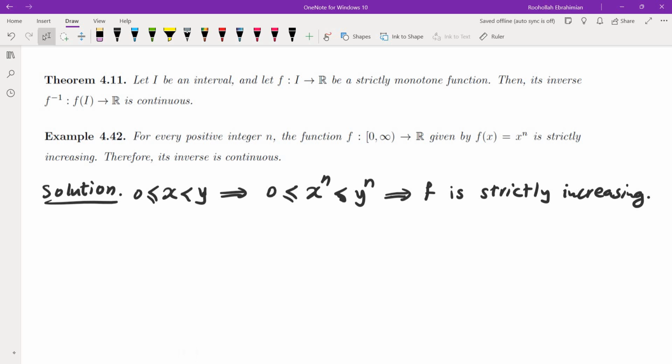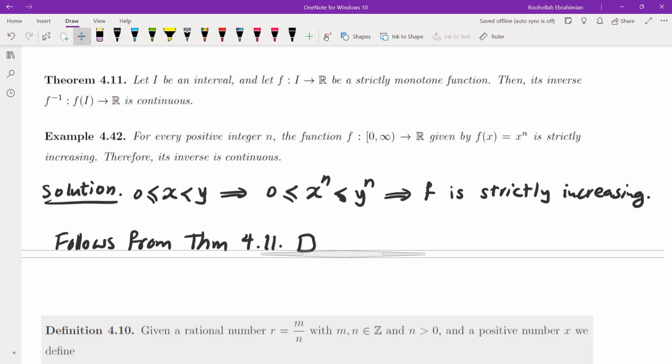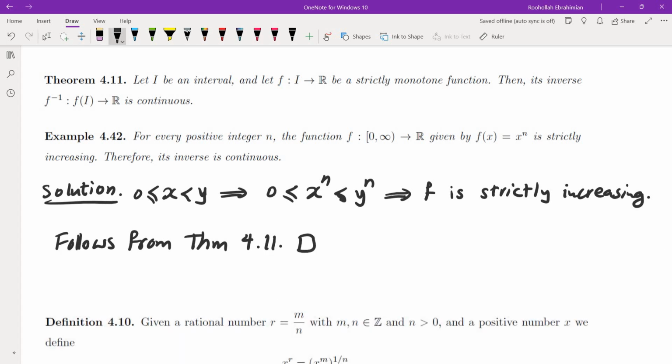This follows from theorem 4.11, because this is a strictly increasing function, its domain is an interval, therefore its inverse would be continuous. Now, what is the inverse of x squared? It is the square root of x. What is the inverse of x cubed? It is the cube root of x.